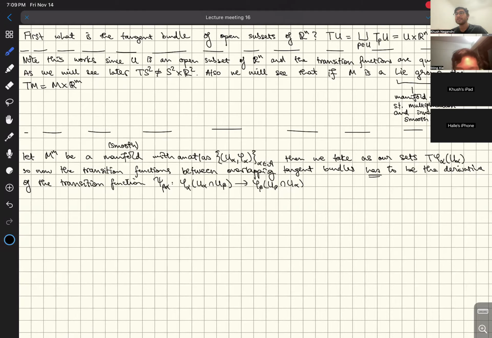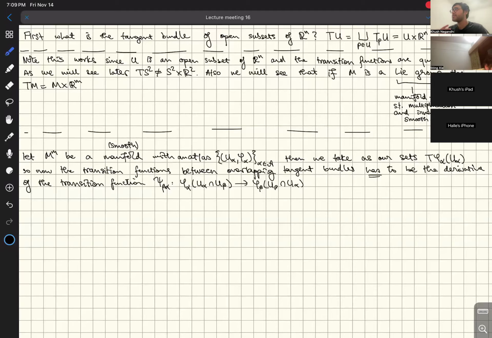One thing we know about tangent vectors is that by the chain rule, when we do a change of coordinates, their components change by the derivative of the transition function. So to get a good collection of all the tangent vectors, the only thing we can do is look at the transition function between the underlying sets and then take its derivative.